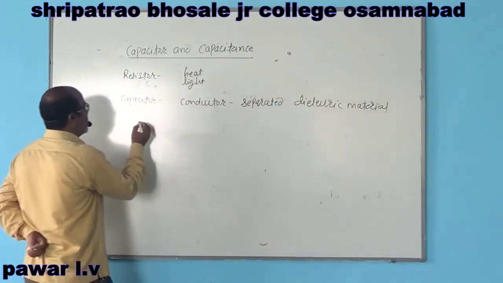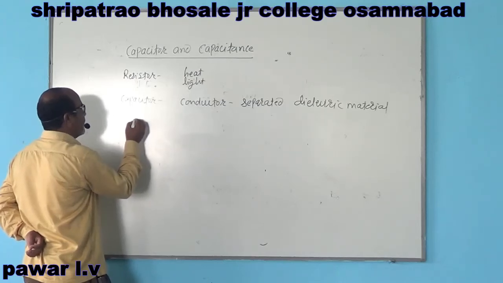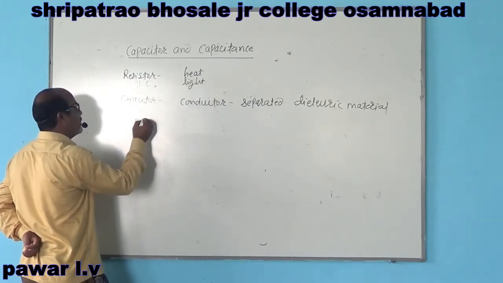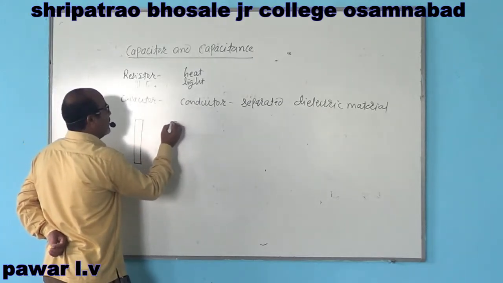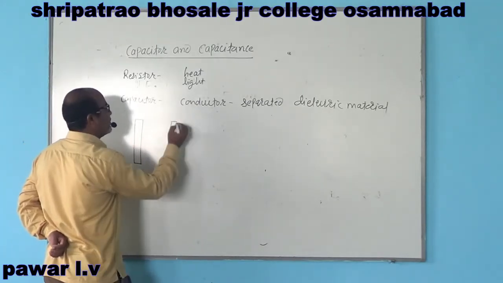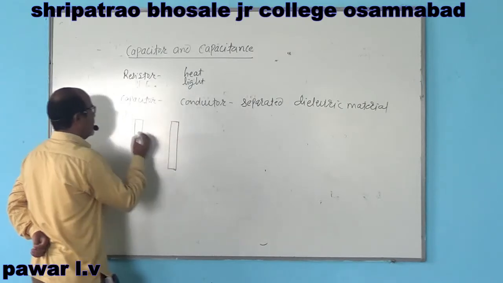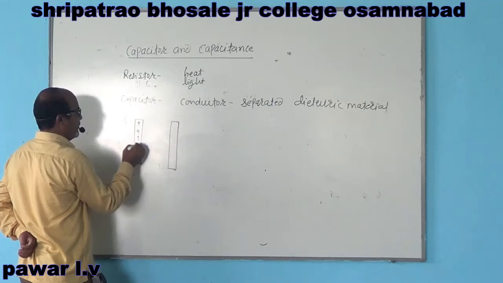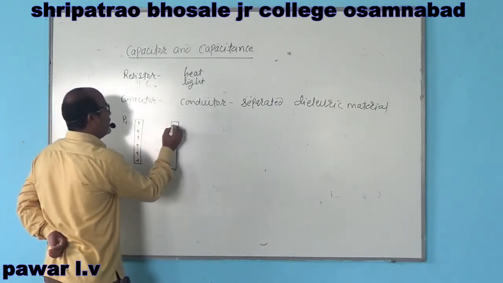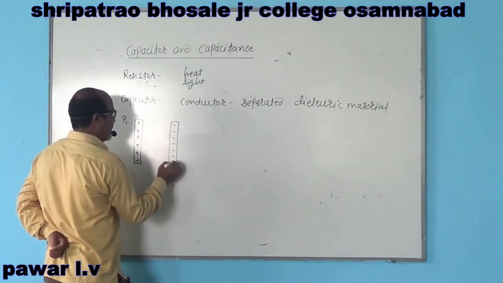If we consider two metal plates P1 and P2, which are equal and oppositely charged, this plate P1 is positively charged, plate P2 is negatively charged.